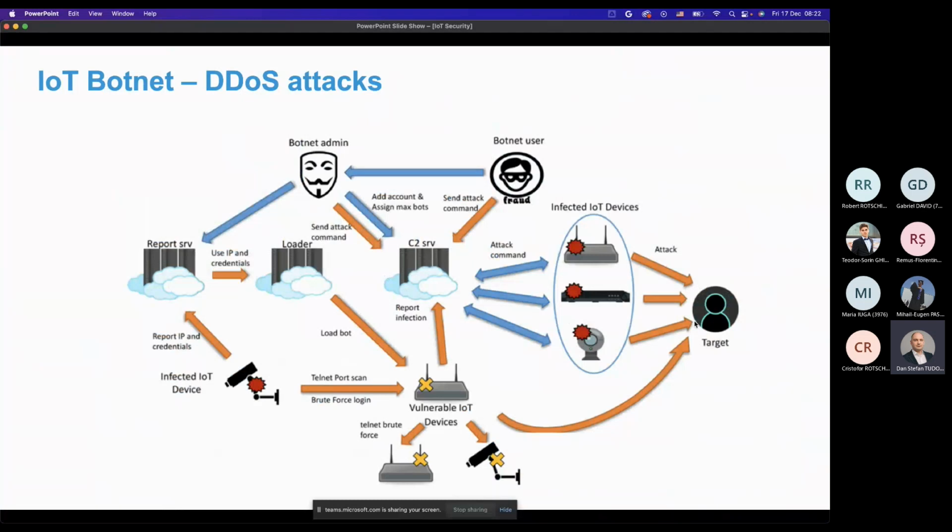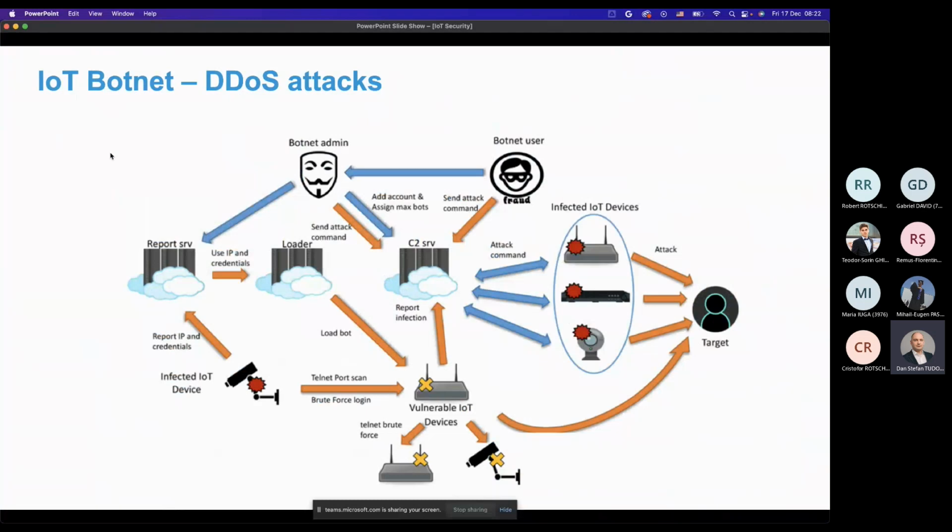So, for example, one very common type of attack is a distributed denial of service attack, in which you have what is called a botnet. So it's an IoT botnet. It's very similar to, let's say, a regular botnet over regular PCs, desktops or laptops.